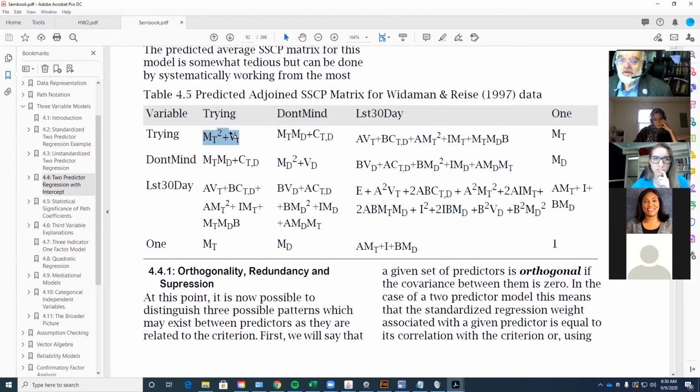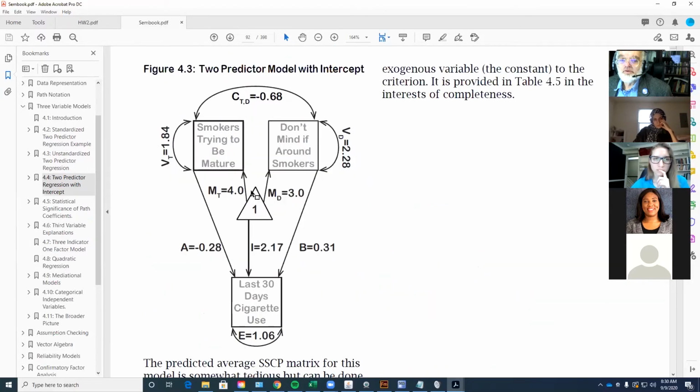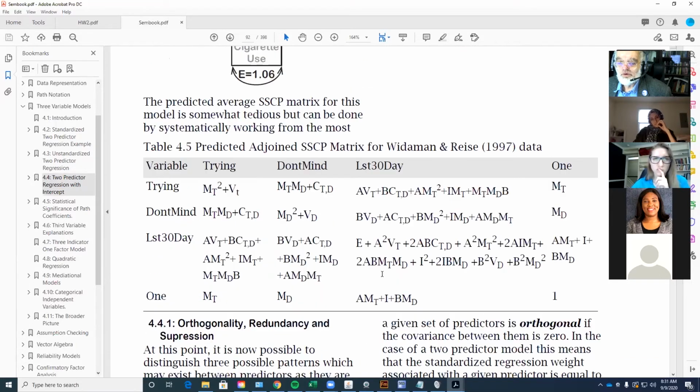So the average sums of squares of this predictor variable is 4 times 1 times 4 plus this number. And similarly, the average sums of squares of this variable is going to be 3 times 1 times 3 plus this number. And for your study, this is what the covariances also look like.